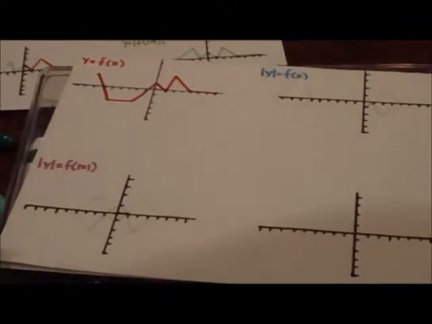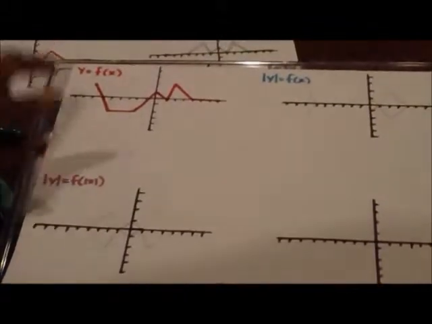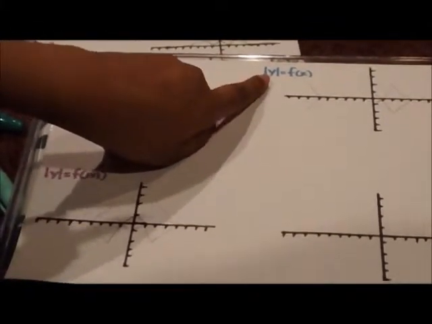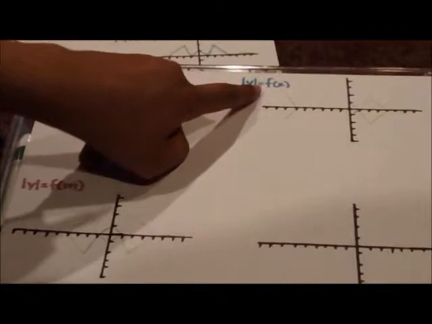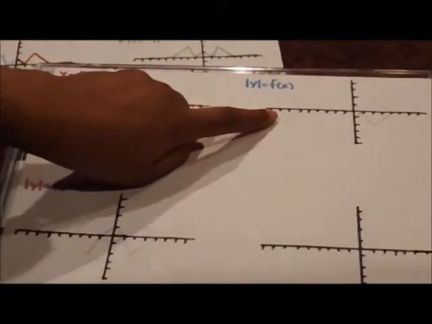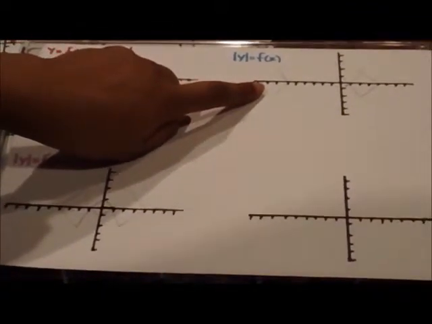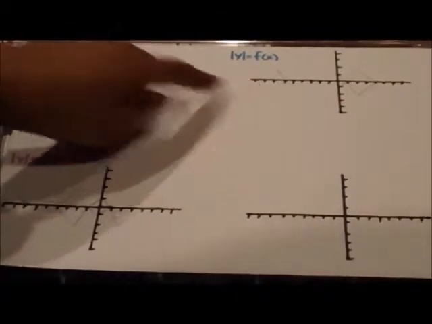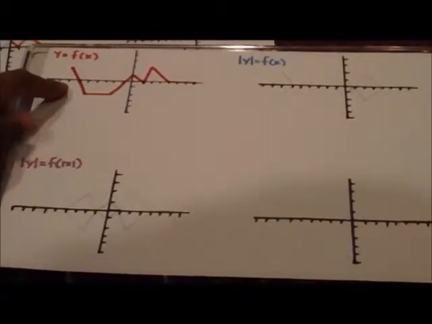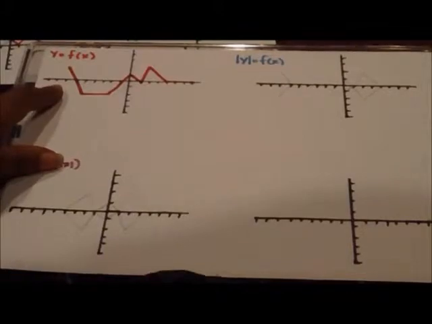To begin, look at your original function. For the following function, absolute value of y equals f of x, you need to make sure that all y values, when they are taken to their absolute value, match up with their corresponding y values in the original function. To do this, first draw all positive y values from your original graph.